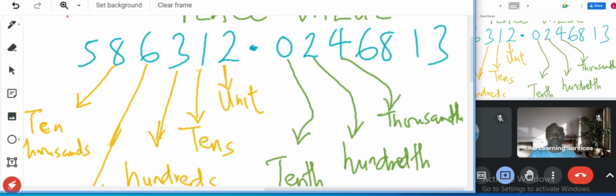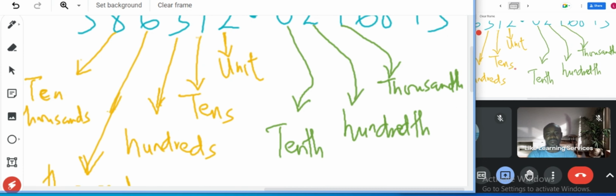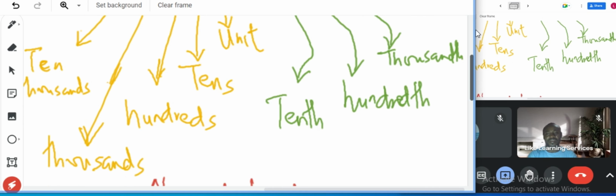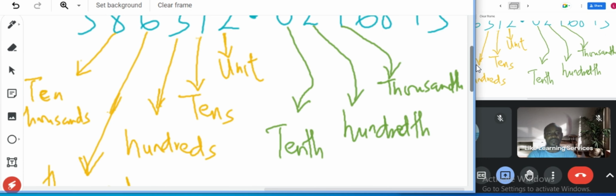Remember, when you are talking about the place value after the point, you have to add th, like hundredth, tenth, thousandth. But before the point, it is adding s, like units, tens, hundreds, thousands, and so on.